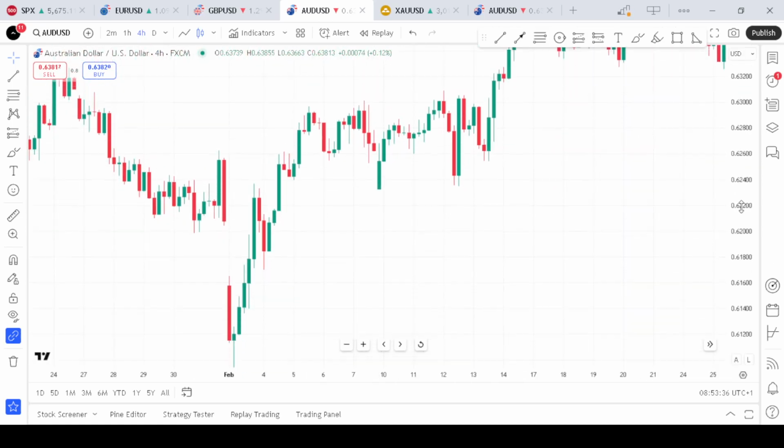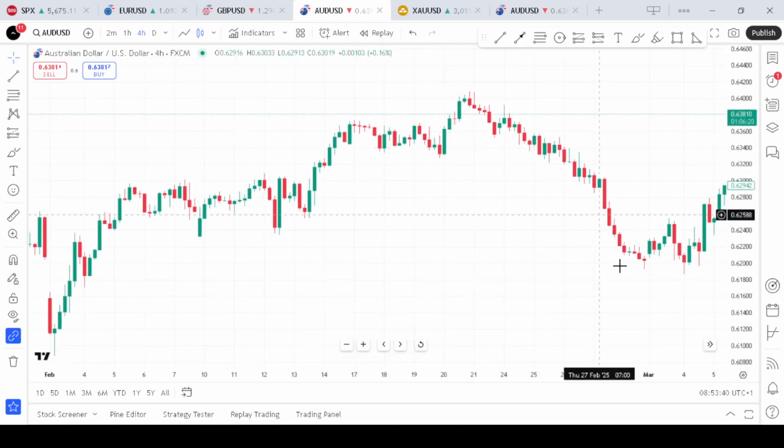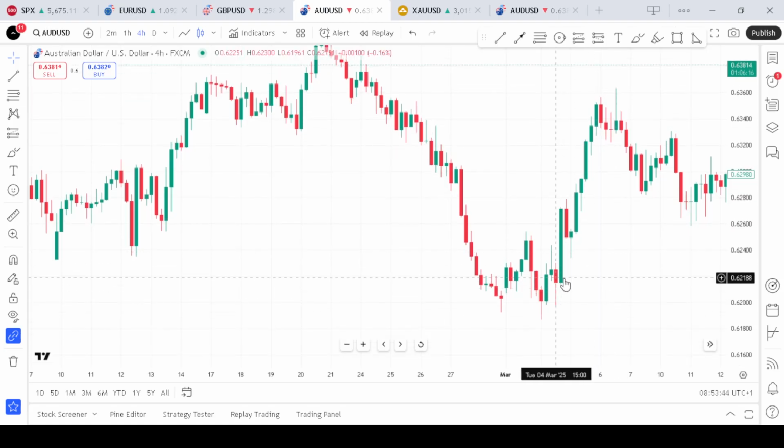At the end of a downtrend or probably a retracement, this is a bullish engulfing. It engulfed the previous five candles. This pattern indicates that buyers have gained control over the market, potentially leading to a trend reversal. So this is basically what we're talking about in a bullish engulfing.